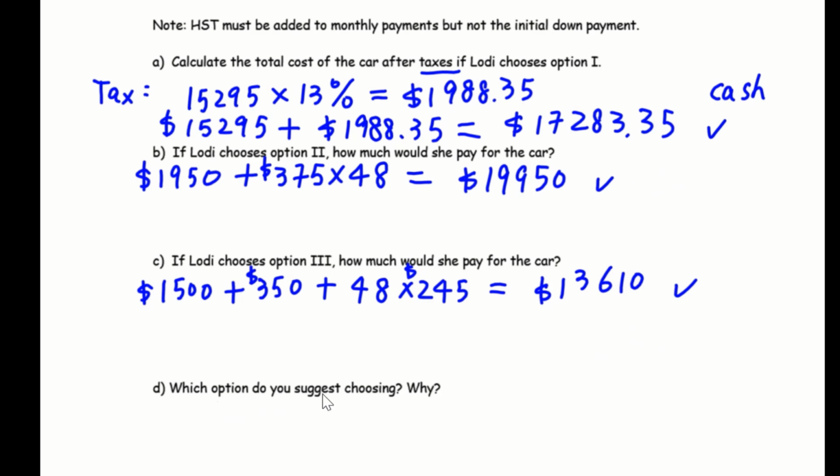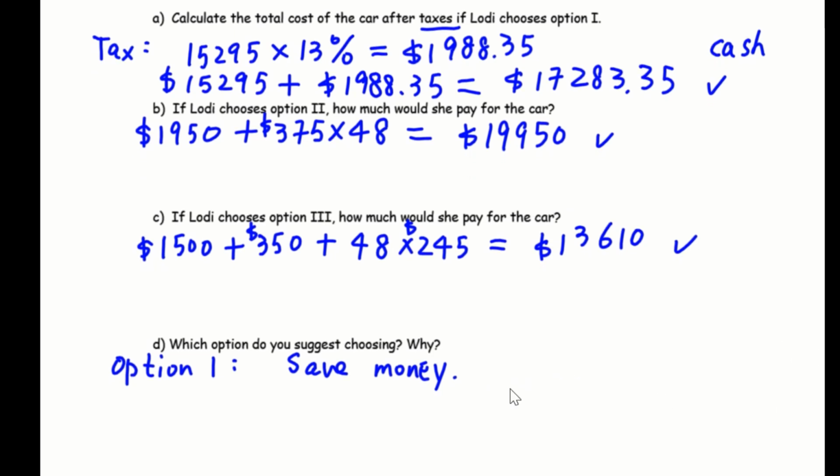So which option do you suggest choosing? It depends. If you choose option 1, it just saves money. But why could some persons not pick option 1? Because they don't have the money now, so they may not be able to pick option 1. It saves money if you have the money now.